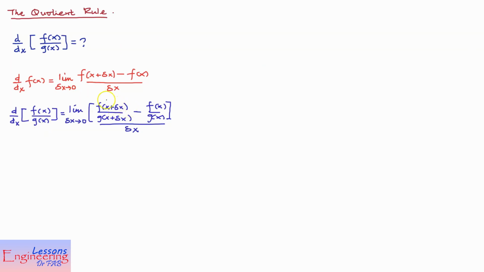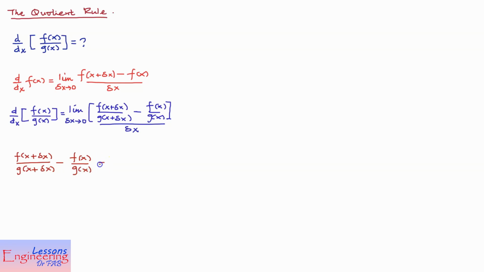Now let us concentrate on the numerator part of this expression and try to re-express it in a simpler form: f of x plus delta x over g of x plus delta x, minus f of x over g of x.